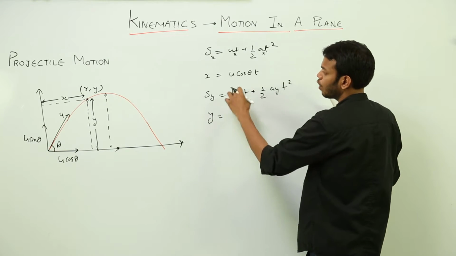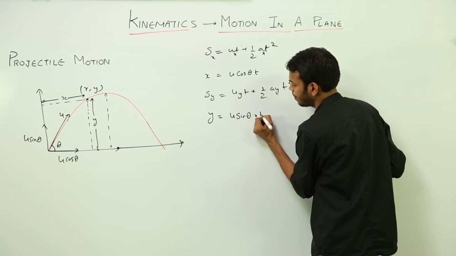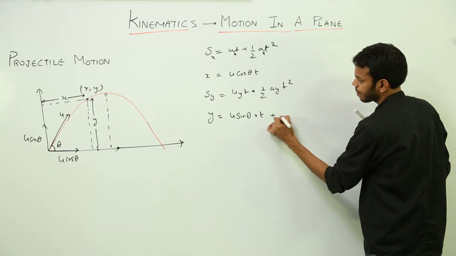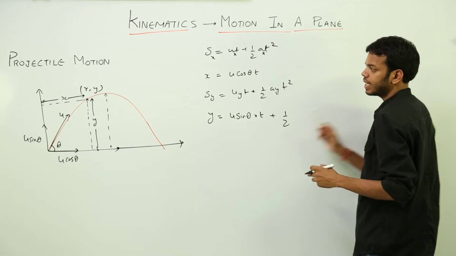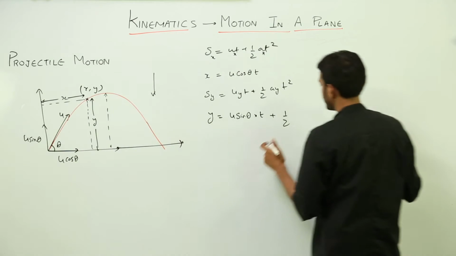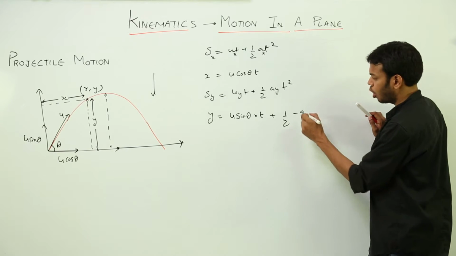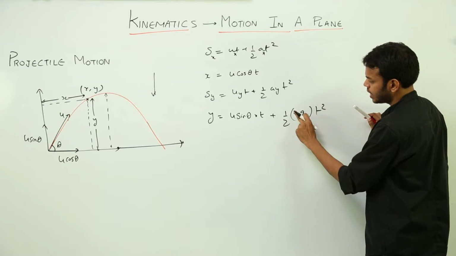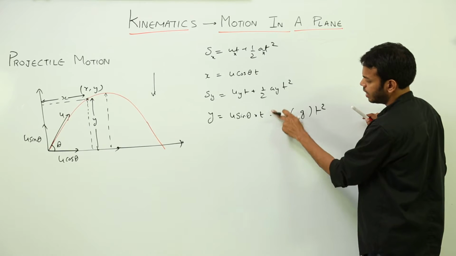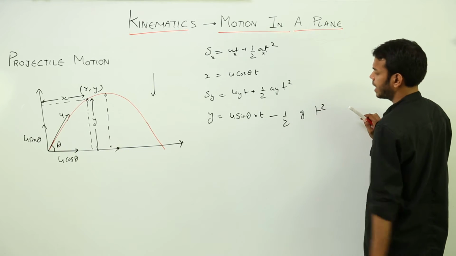It is the initial velocity along the y axis, u sin theta, into t, plus half, and the acceleration along the y axis is negative of g because the object is going upward. So this is minus g. I am removing the complexity here by removing the negative sign and putting it in front. Done. So I am left with minus half g t square.